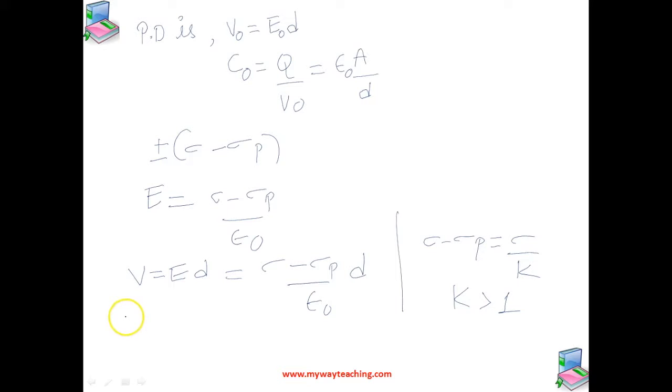So now we can write V is equal to sigma D by epsilon naught into K. And if you substitute sigma as Q by A, V is equal to Q D by A epsilon naught K.